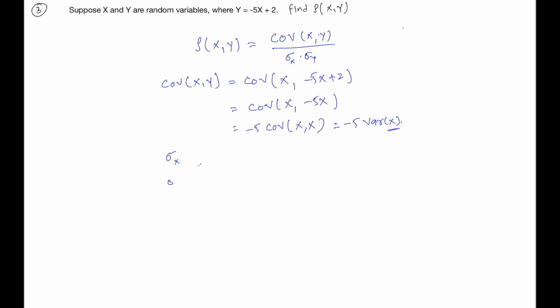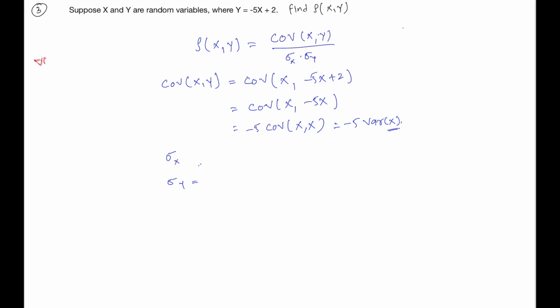What will be the standard deviation of this random variable y? If x has the standard deviation sigma x, then y is 5 times x plus 2, right? Then what will be the standard deviation of this? What will be the variance? So we have seen this property of variance, right?